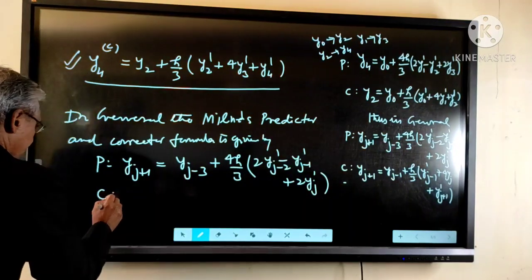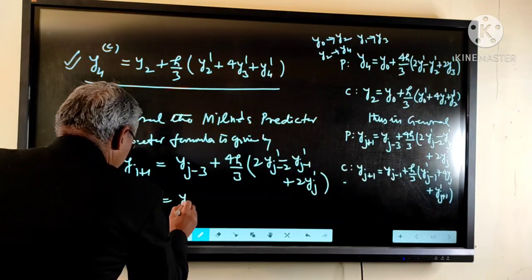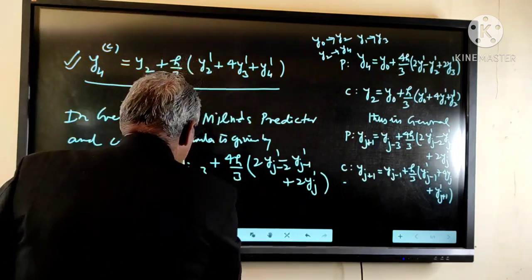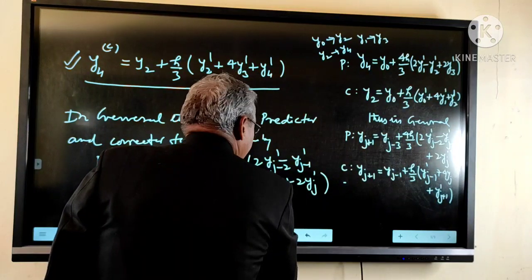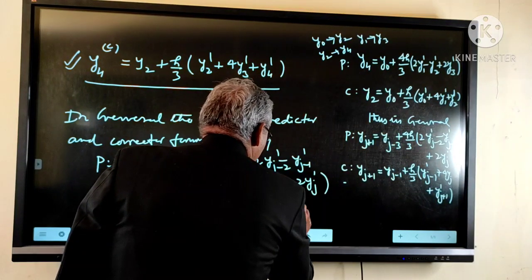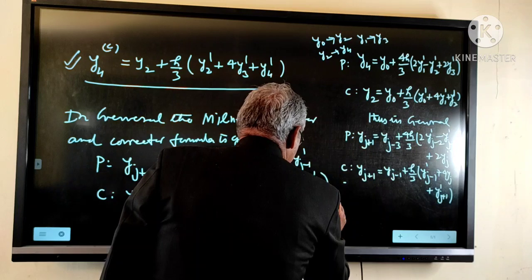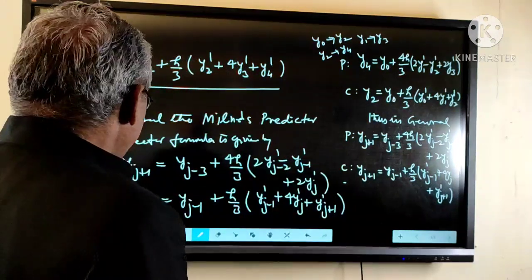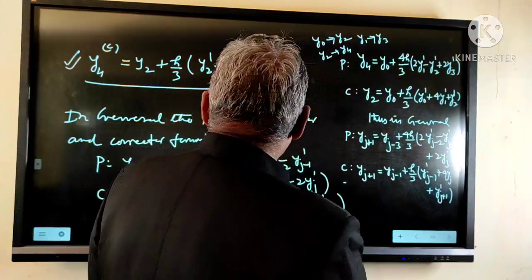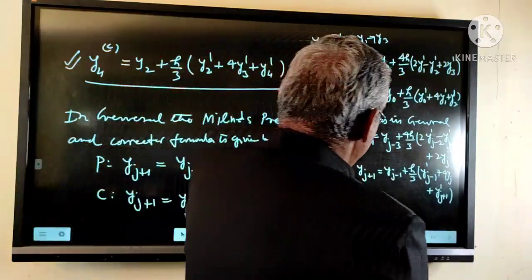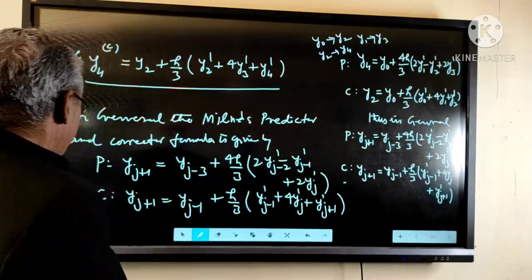The corrector formula is y j plus 1 equals y j minus 1 plus h by 3 times y j minus 1 dash plus 4 y j dash plus y j plus 1 dash. It is a pair of predictor and corrector formulas.